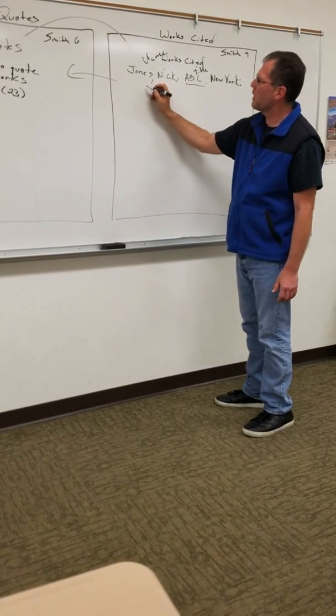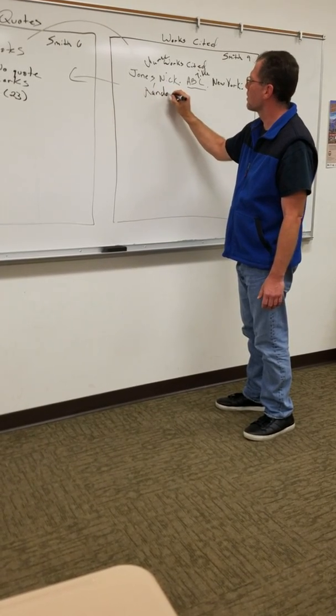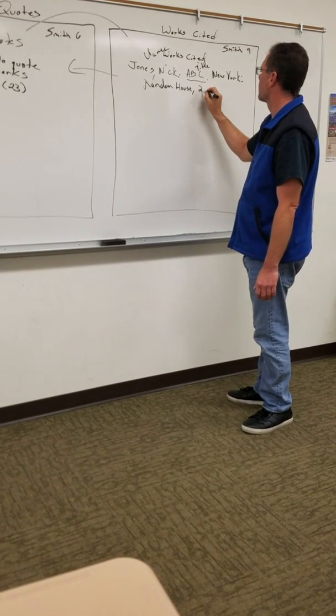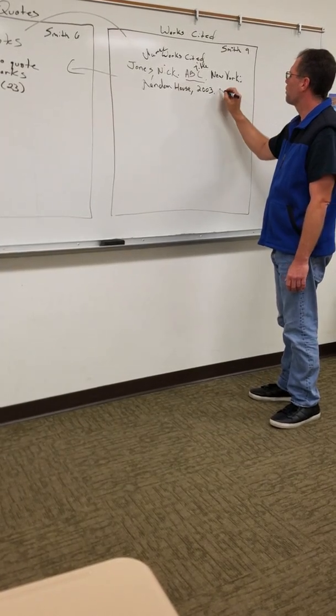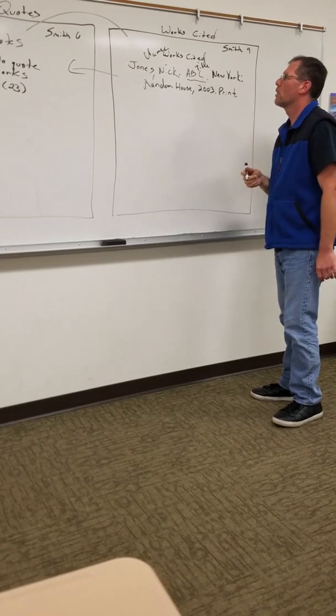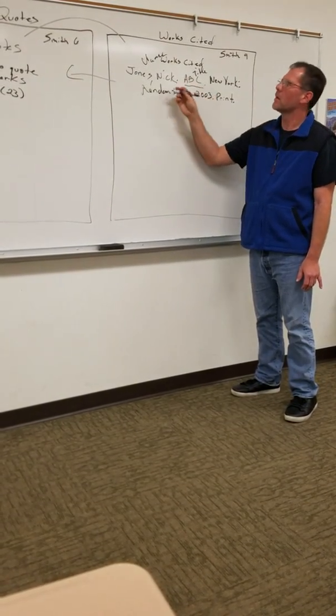I'll indent 5 spaces, and I will give the publisher, Random House, and the year, followed by the word print. Very simple. So these days, this is how a paperback book would be cited.